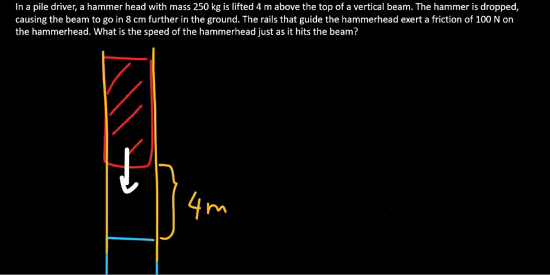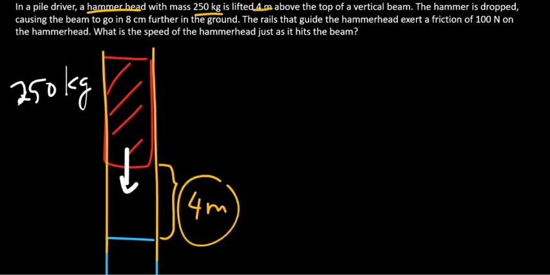Problem 2. In a pile driver, a hammerhead, so that is the one in red, with a mass of 250 kg. So the mass of the hammerhead is 250 kg. It is lifted 4 meters above the top of the vertical beam. So that is the top of the vertical beam.